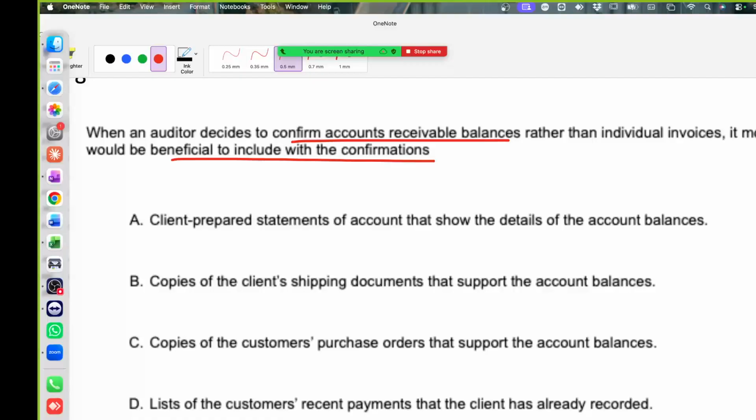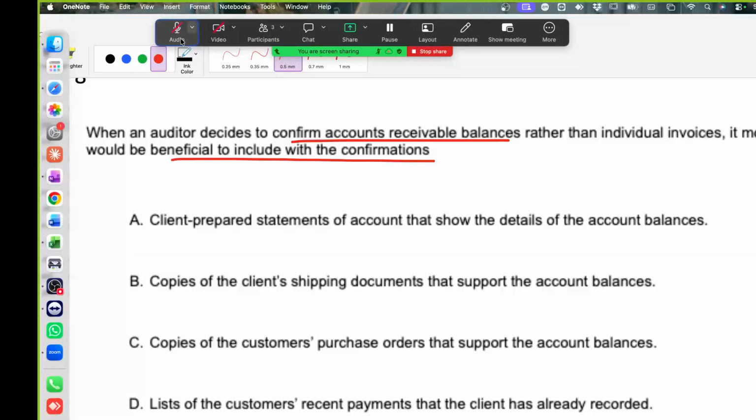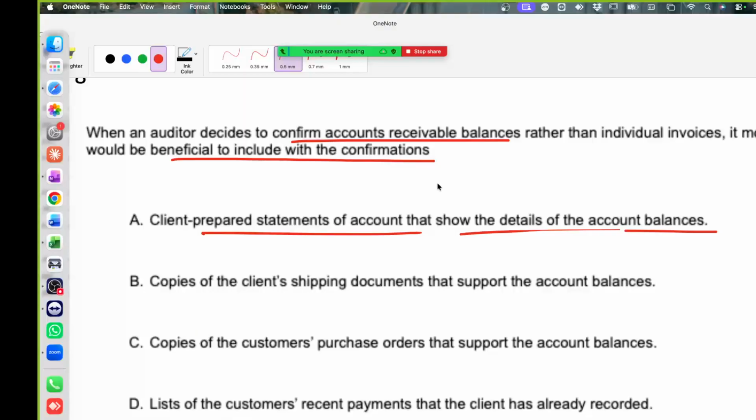A. The client will prepare a statement of account that shows everything in detail.